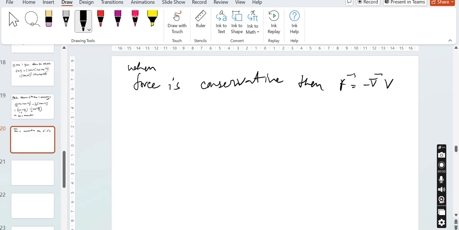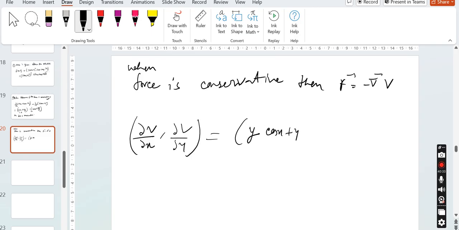So that means del v del x, we will consider the minus sign at the end, del v del y, as there is no z component, we are taking del v del x, del v del y only, and it is y cos x plus y square comma sin x plus 2xy minus 2y.